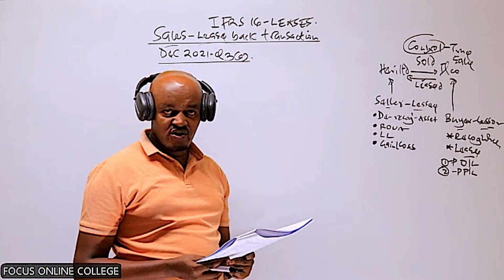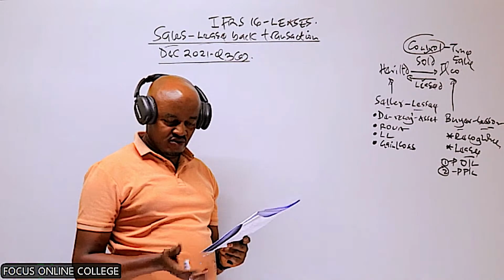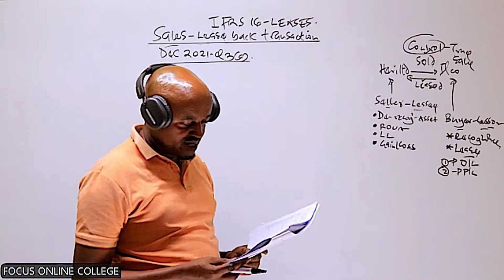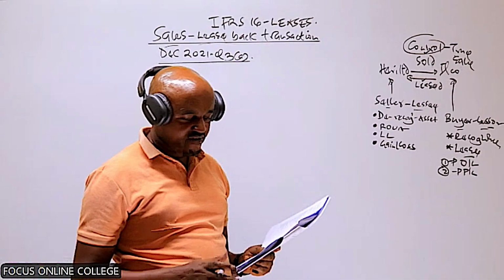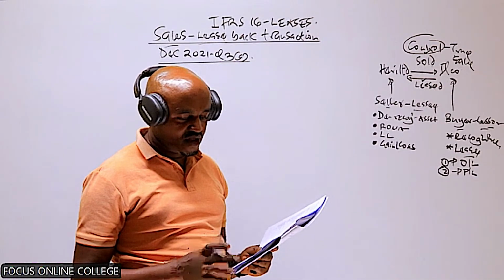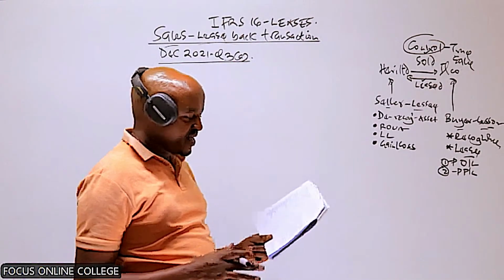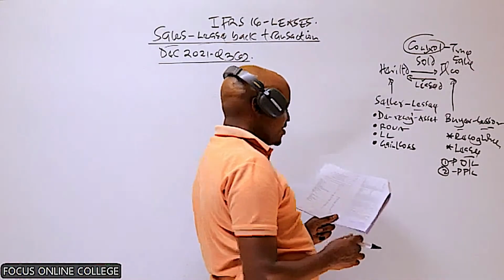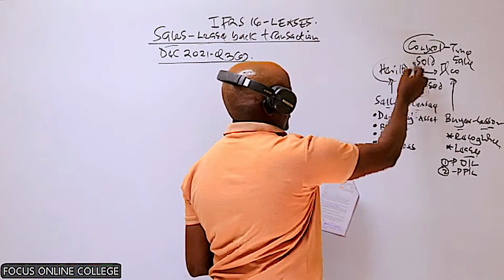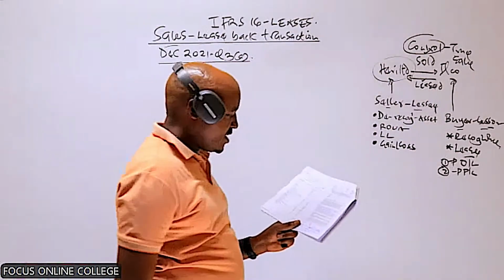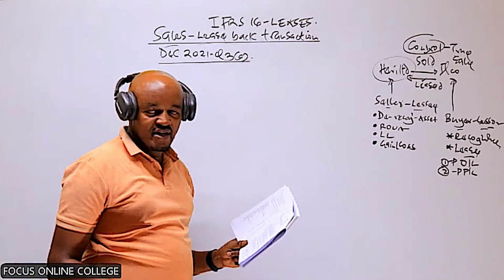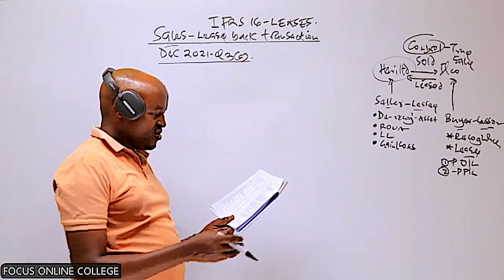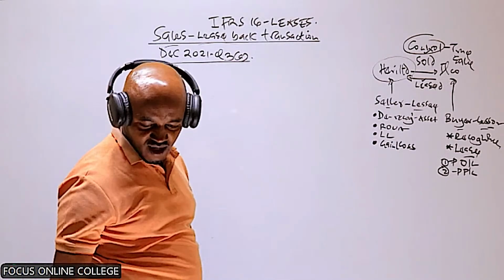But what are we required in our question here? What was the examiner requiring? The examiner was requiring, with reference to IFRS 16 Leases and with suitable calculations, explain the accounting treatment of the above transactions in the financial statements of HN Limited for the year which ended 31st of October 2021.